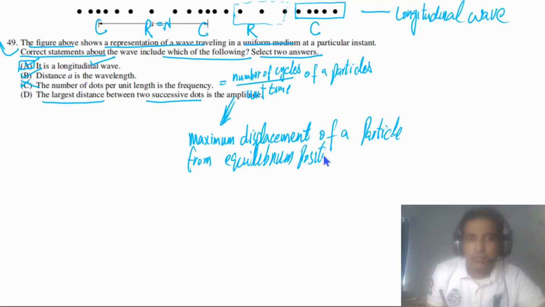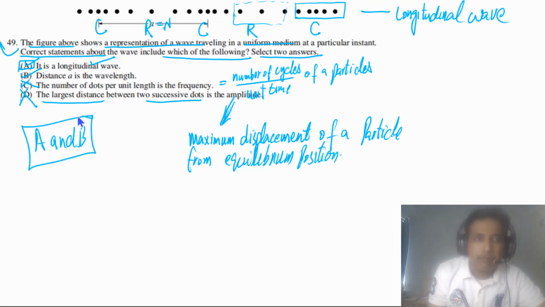So D is also incorrect. This is the distance between two particles, the largest, so this is also incorrect. So the answer for this question is A and B.